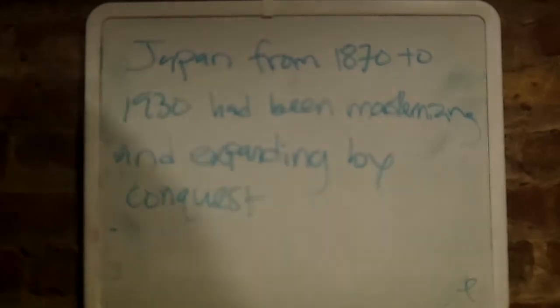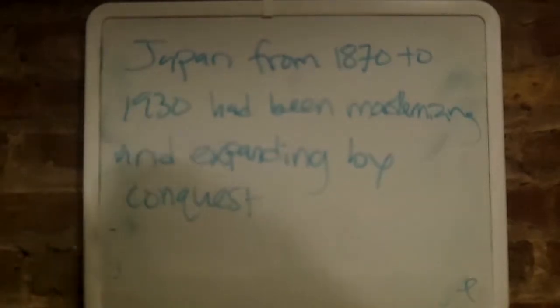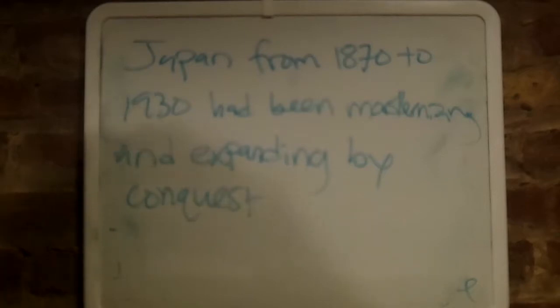Now, beginning in the late 1930s, the U.S. began to take a dim view of Japan's expansion and impose sanctions on them.